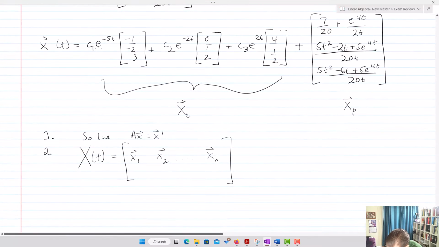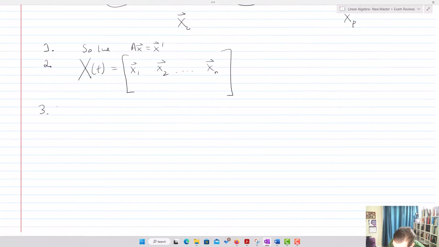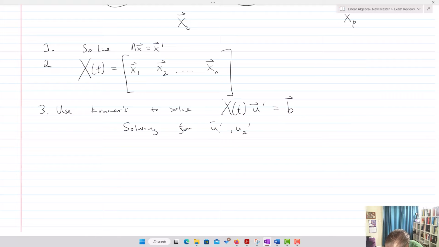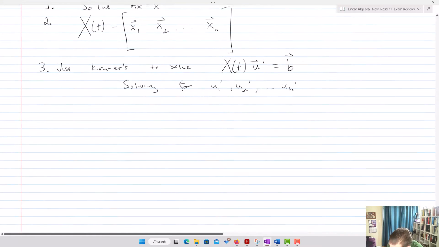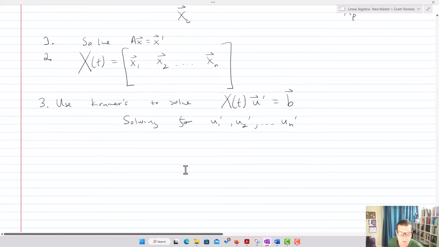Then three, we'll use Cramer's rule to solve x of t times u prime equal to b, solving for u1 prime, u2 prime, all the way up through un prime, however many we have. It will be more than 3, and then it gets totally unwieldy. You might as well write an algorithm to solve the system.